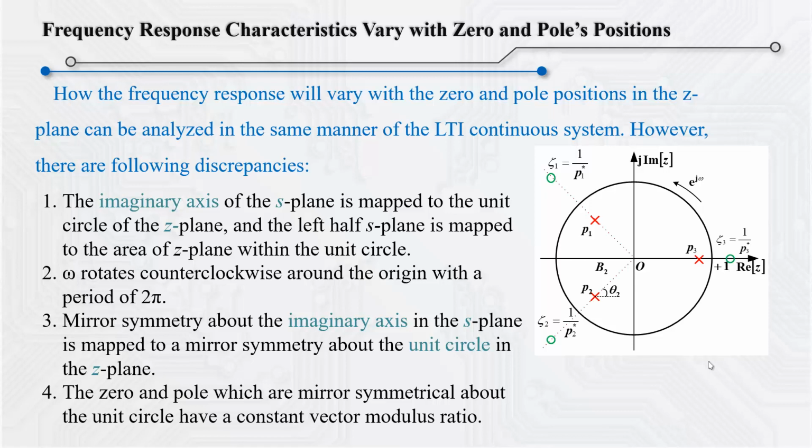Thirdly, mirror symmetry about the imaginary axis in the plane S is mapped to a mirror symmetry about the unit circle in the plane Z. For example, the pole p1 within the unit circle has a mirror symmetrical zero, zeta 1, outside the unit circle. Fourthly, the ratio of the vector modules of a zero to its mirror symmetrical pole is a constant and does not equal 0.